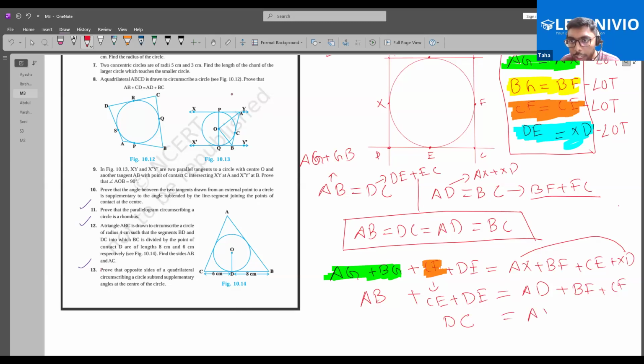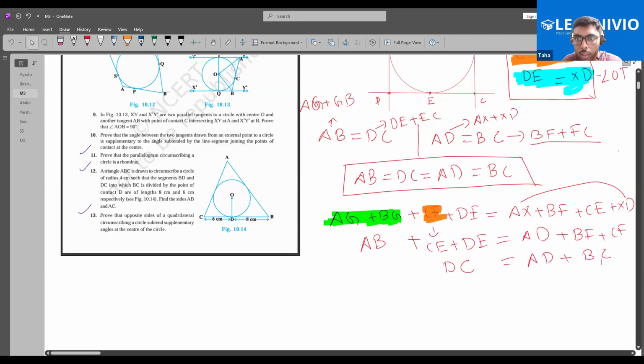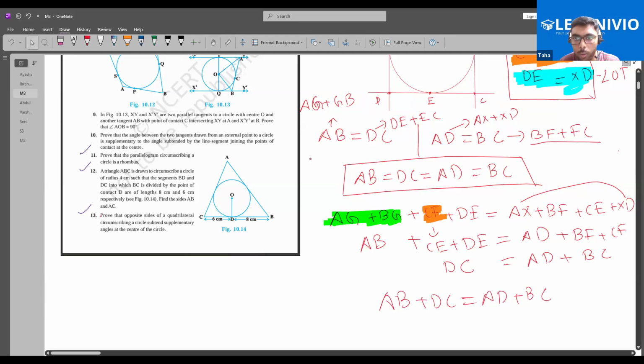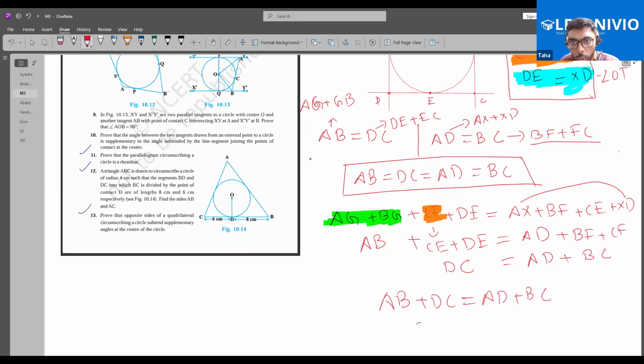So this would give us AD plus BF plus CF is BC, right? So this would be AB plus DC is equal to AD plus BC, right? And we know that AB is equal to 2 times DC is equal to, what can we say about AD is equal to BC? We can say that it is equal to 2 times AD.